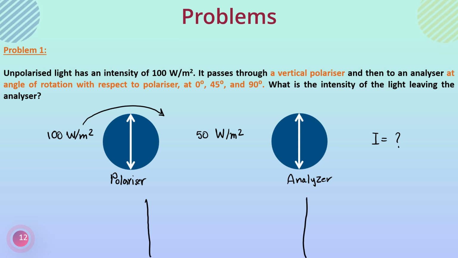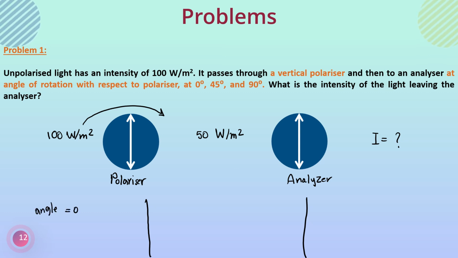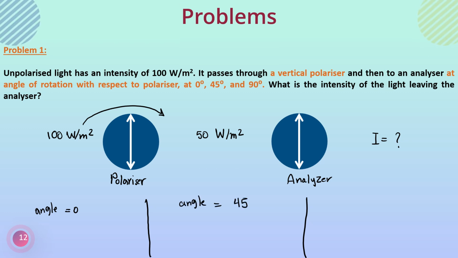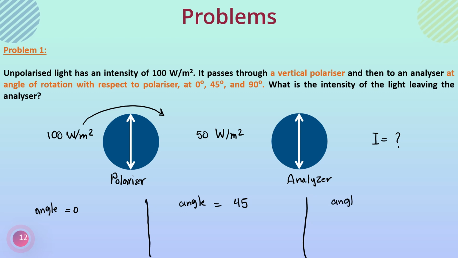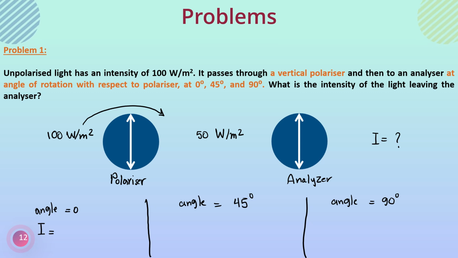So when the angle is equal to 0, here the angle is equal to 45, here the angle is equal to 90 degrees. Okay, we use the formula. What is our formula? I, the intensity here after the analyzer, is equal to I naught cosine square theta.